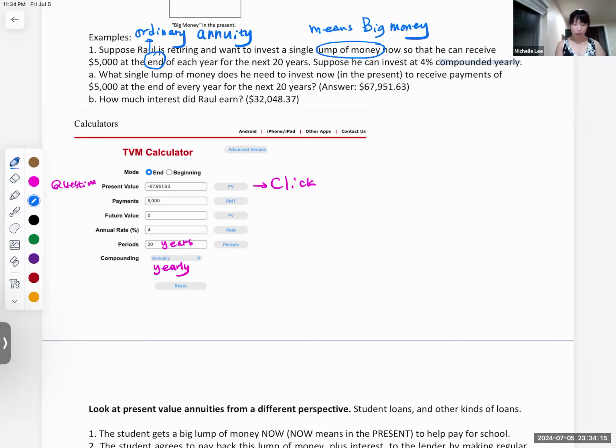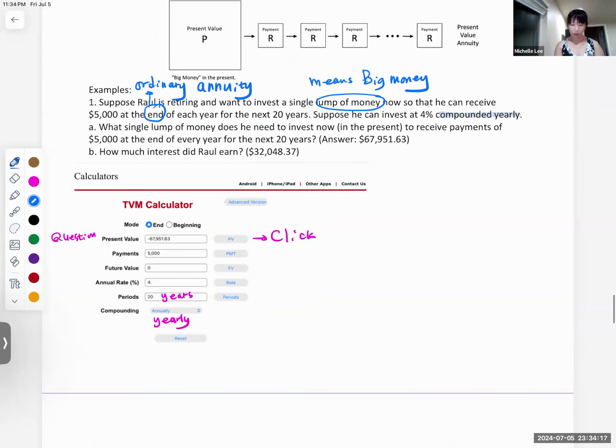Second part: how much interest did Raul earn? Okay, we have to think.